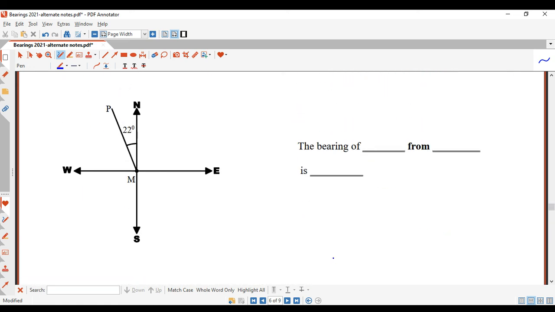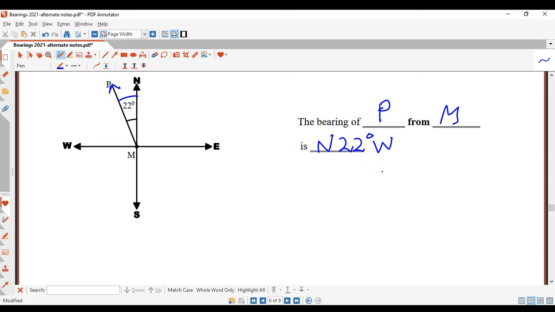And last one. So we've got the bearing of P from M. This is your direction. And first of all, P is north of M. And I need to measure the angle between the north line and the ray. So that'll be 22 degrees and then west. Okay, so that's it.